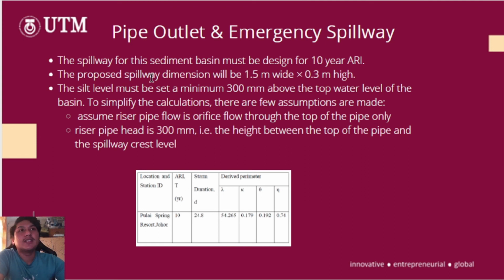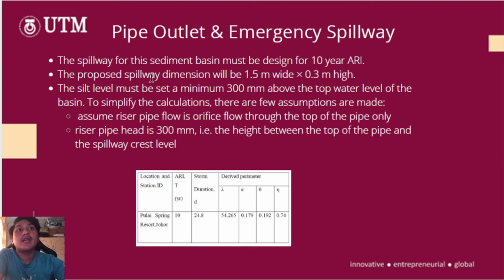The spillway for this sediment basin must be designed for 10 years ARI. The spillway dimension will be 1.5 meter wide times 0.3 meter height. The crest level must be set a minimum of 300 mm above the top level of the riser pipe.